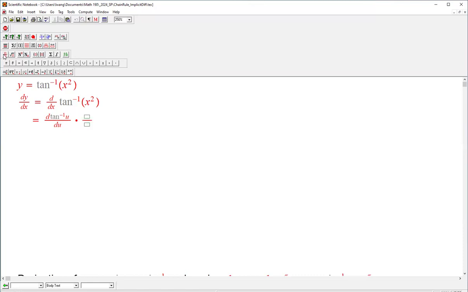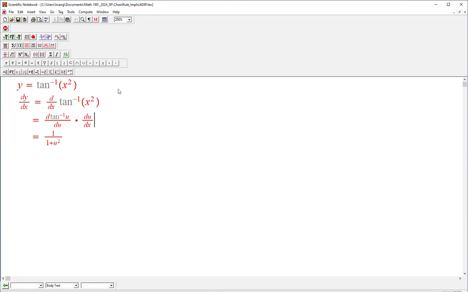And then we do du dx. And the derivative of arctangent is 1 over 1 plus u squared.